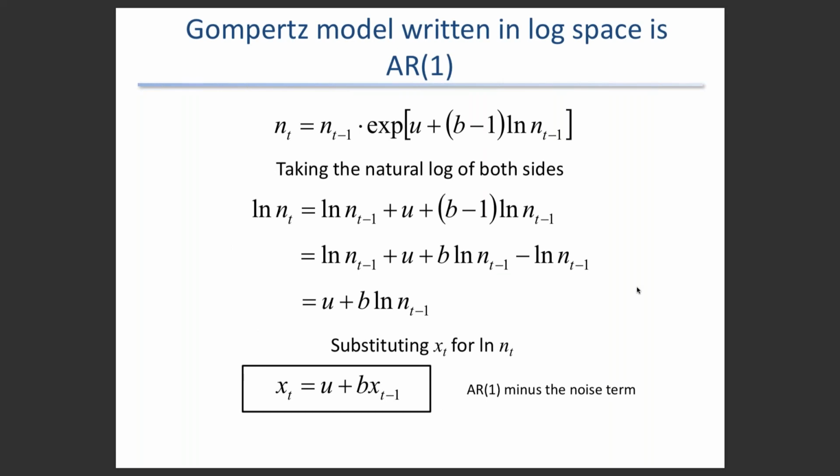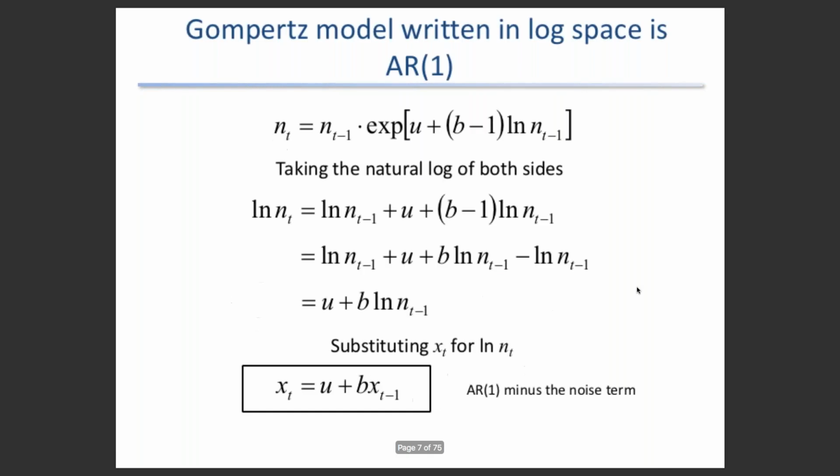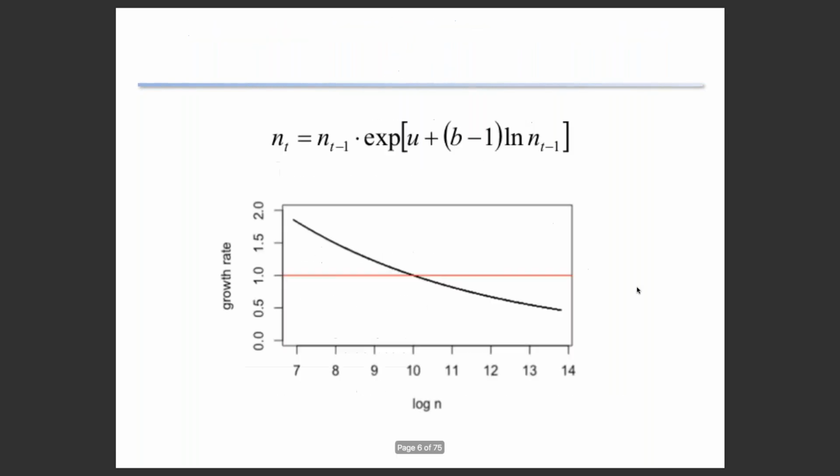We come out with the log of n at t equals u plus b times the log of n at t minus 1, and we substitute x for log n, so we're working in log space, and we get that. So that just shows you how this simple AR model is related to this type of density dependence model.